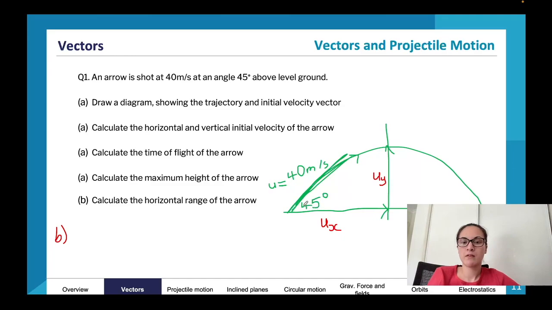So this is being fired, and UY is opposite this angle, okay? This is the hypotenuse, so think of it like trigonometry, SOHCAHTOA, and this is adjacent. So to calculate UX, that's our adjacent, so we're going to be using cos.